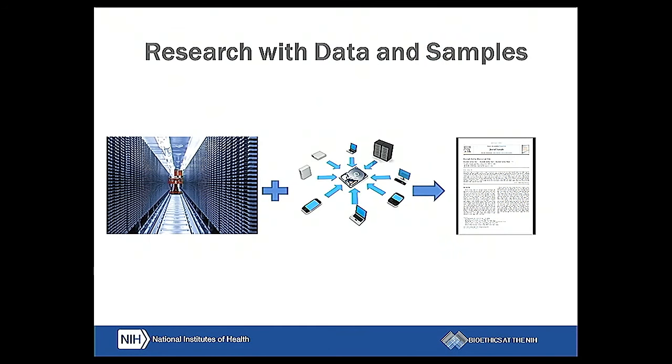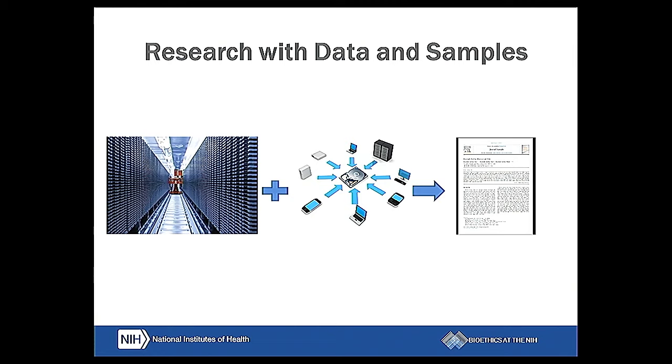But it is interesting when we think about consent, which is what I'm supposed to talk about, and that is there's no human here. You get the sample from, or the data from a repository or shared from another investigator or a clinical environment, and you put it together with lots of other kinds of data and information and create a research project in that way.